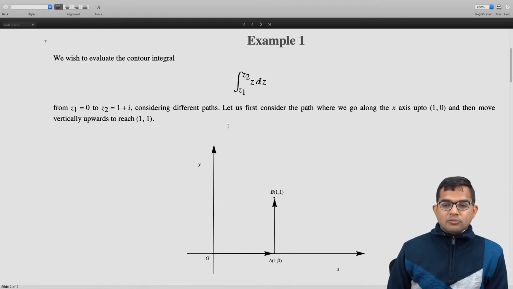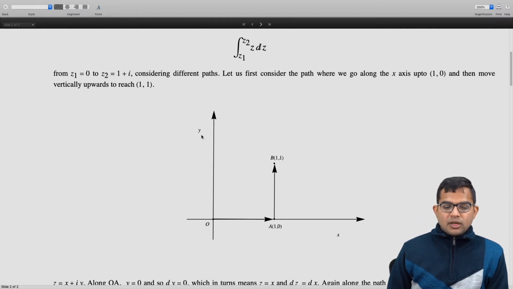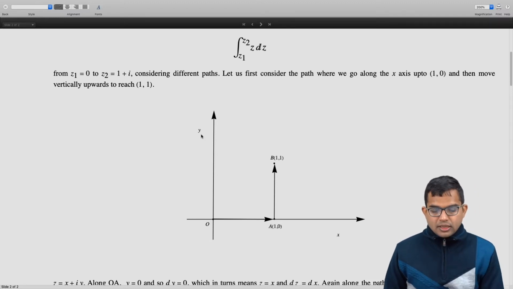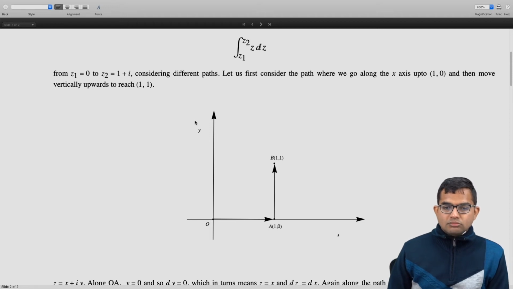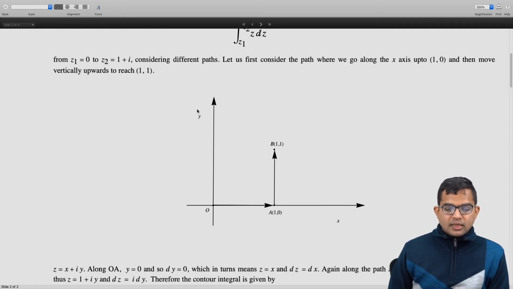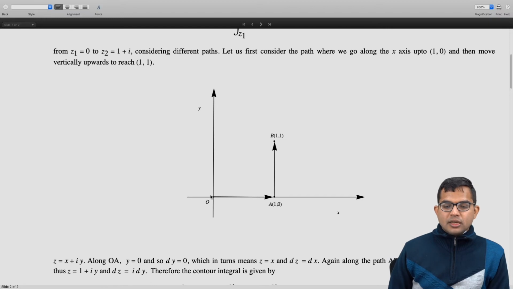So if I break my contour into these two piecewise nice paths and evaluate this integral along these two paths, then considering OA, I see that y is a constant as far as this path O to A is concerned, and y is 0.